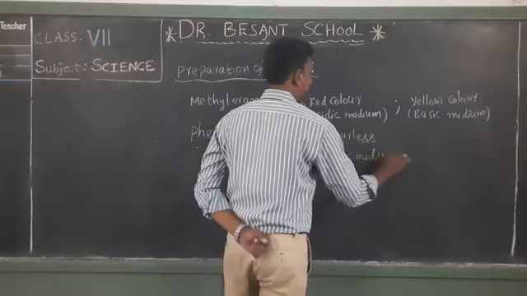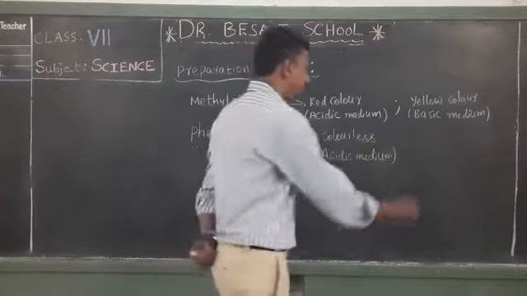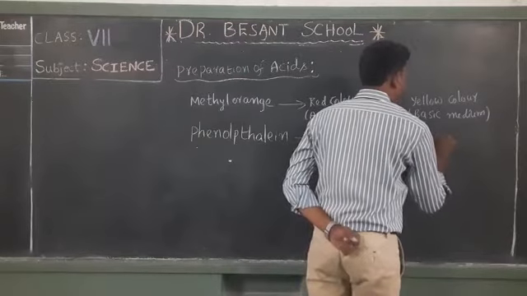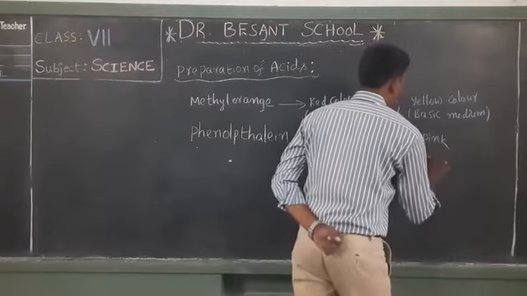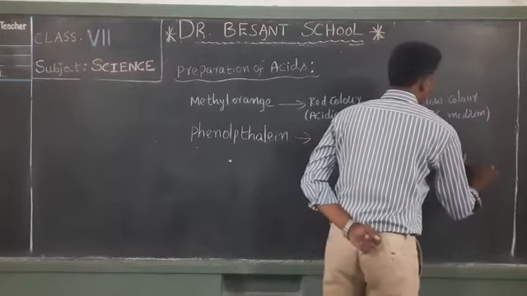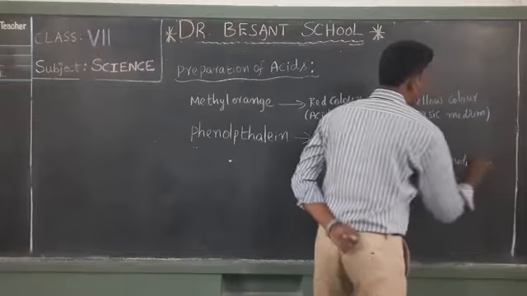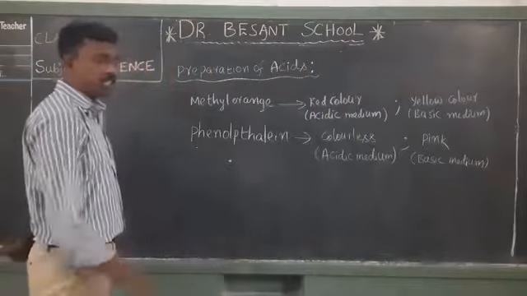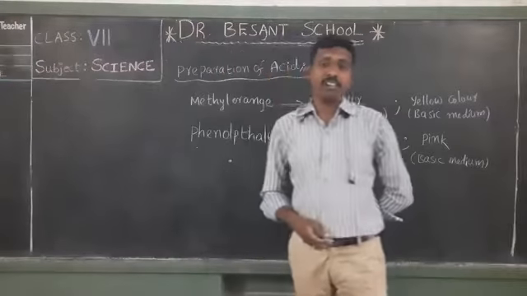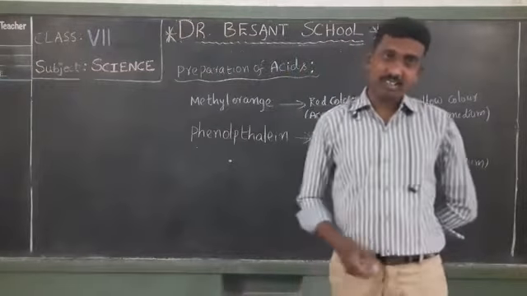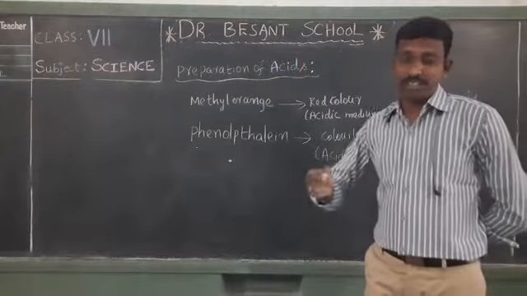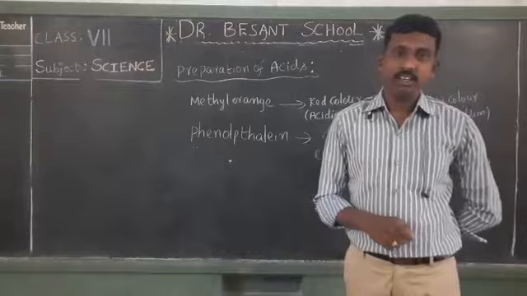It remains colorless in acidic medium, whereas it turns pink when treated with base or in basic medium. These two liquid laboratory indicators are very helpful to test whether a given substance is an acid or a base.